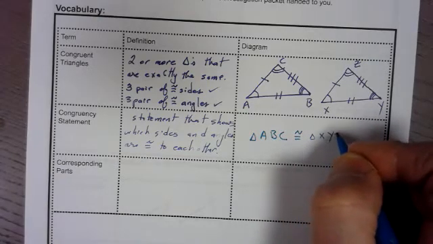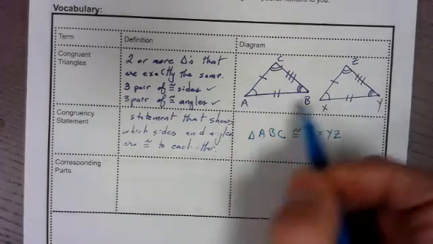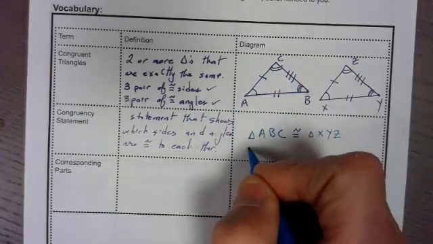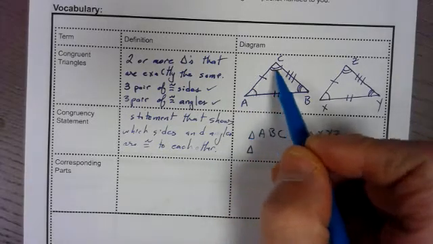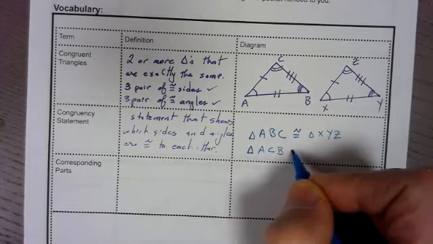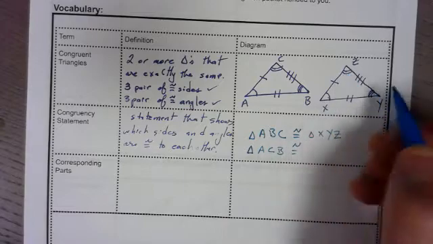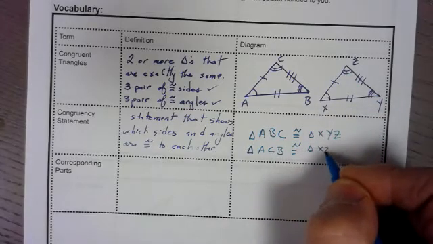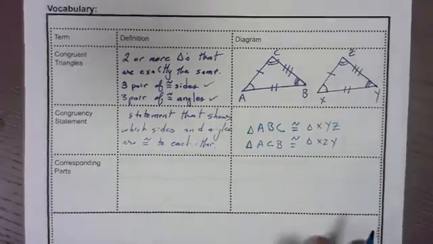The order is very important in a congruency statement. Okay. Now I don't have to make it alphabetical. I could also say triangle, let's go one arc to two arcs to three arcs. ACB is congruent to, I have to do the same thing over here, XZY. Triangle XZY. But I have to go in the same order in both of my triangles.